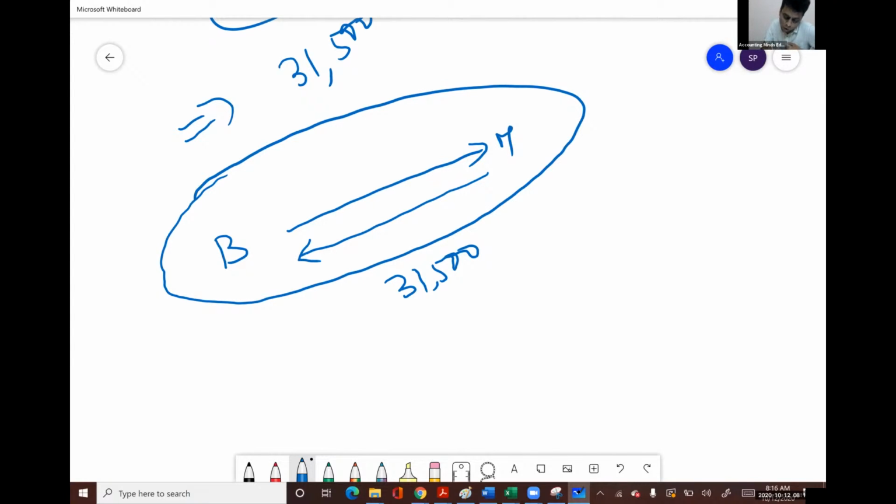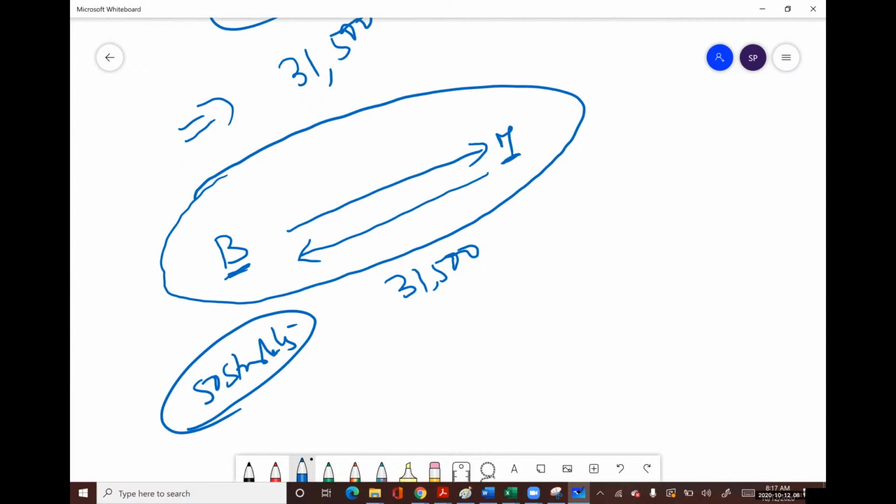Now, if all the students are from Banashankari and go to Marathahalli, and all the students come back, a fixed distance, then how much would you charge? 50 students, how much would you charge? 31,500 divided by 50.